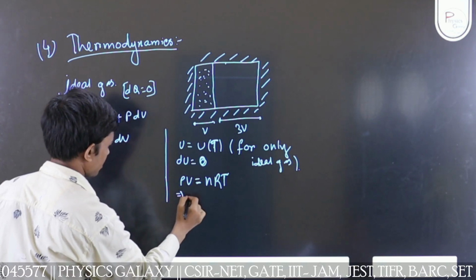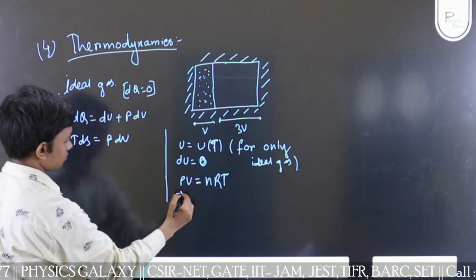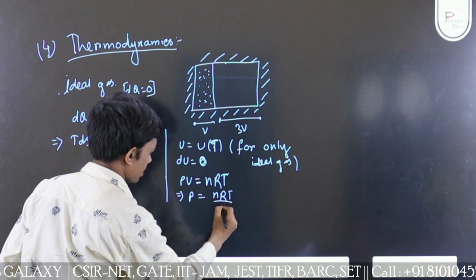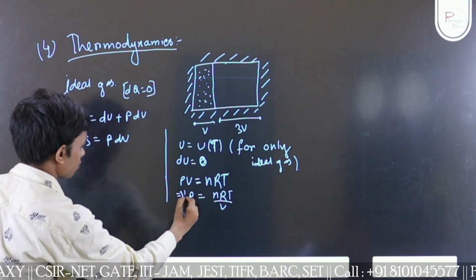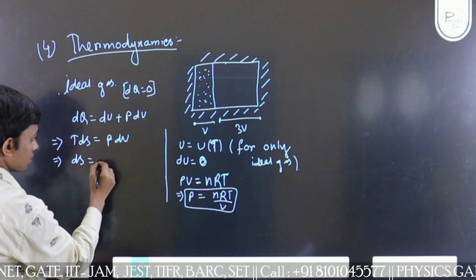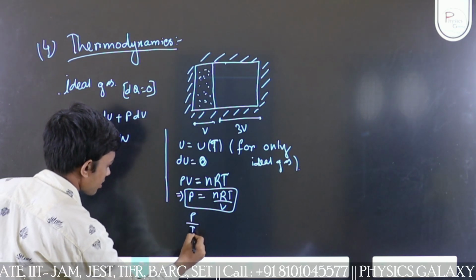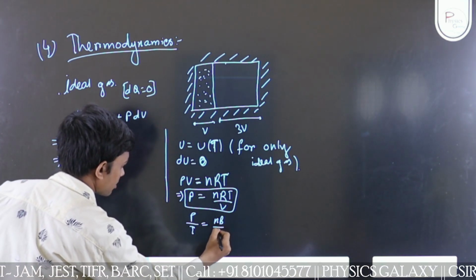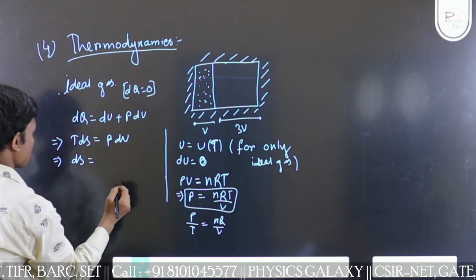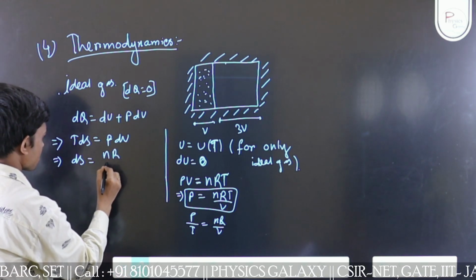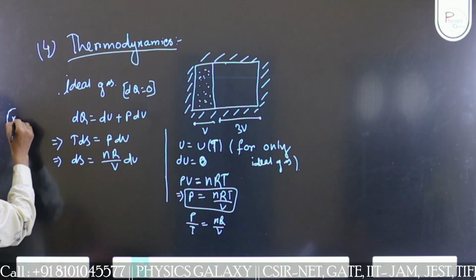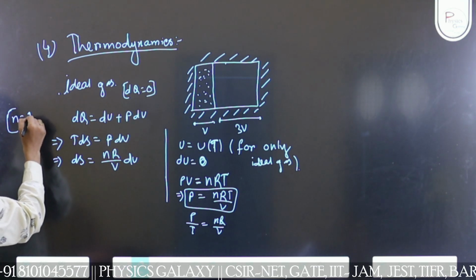From here I find the expression of P as nRT by V. I put the value in the expression, P by T is R by V, and they told me that the gas is 1 mole.